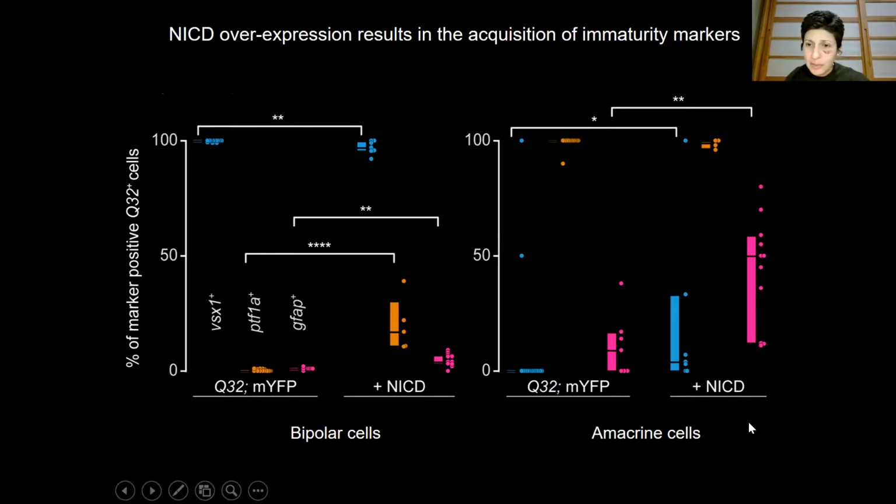Now, I'm sure you're familiar with GFAP as an astrocytic marker, and it is. In the zebrafish retina, it labels Muller glial cells, but it's also expressed in progenitor cells in the zebrafish retina. So we refer to this as an immaturity marker because I can tell you, and I don't show you here, that overexpression of NICD does not induce excess proliferation. So that's not what we saw.